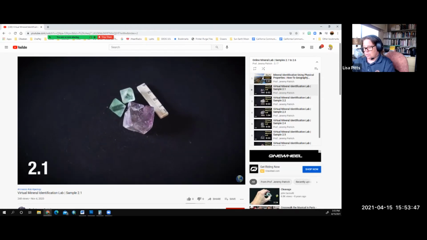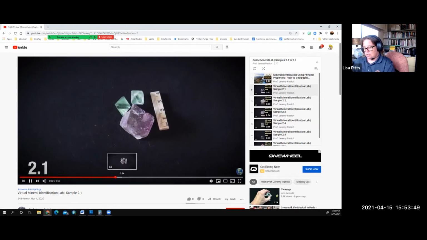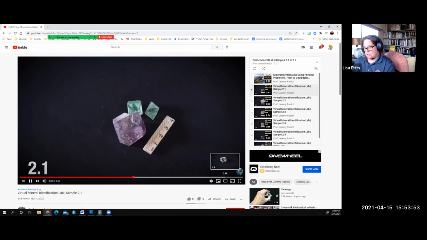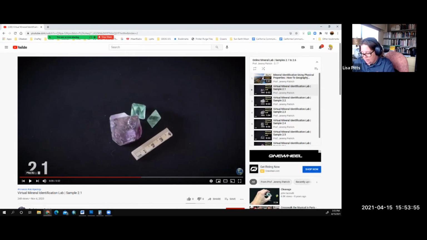So you look at that and you're like, okay, well, it looks like it can be purple or clearish or green. And it's got that crazy shape to it. So let's look for one that's got that crazy shape to it.